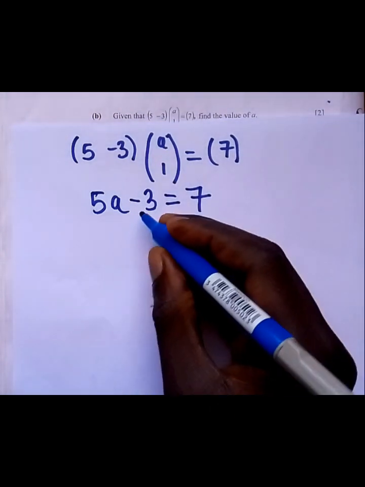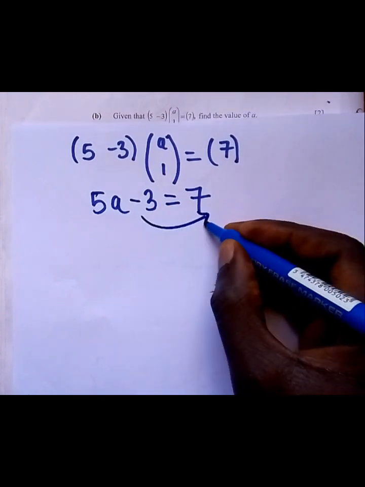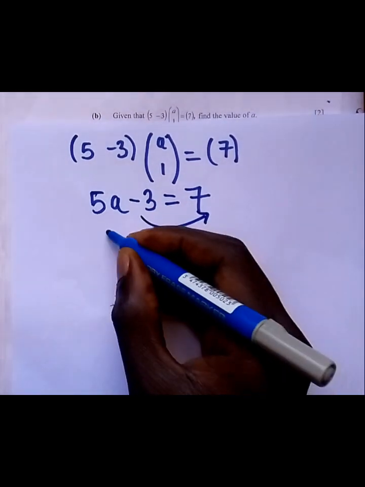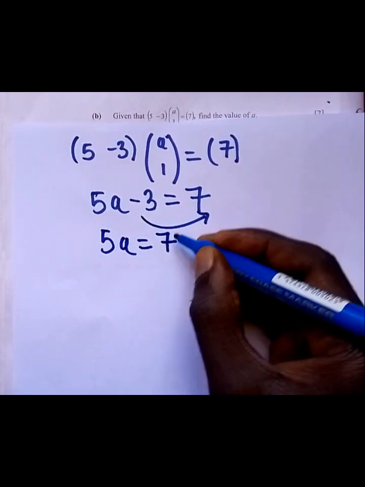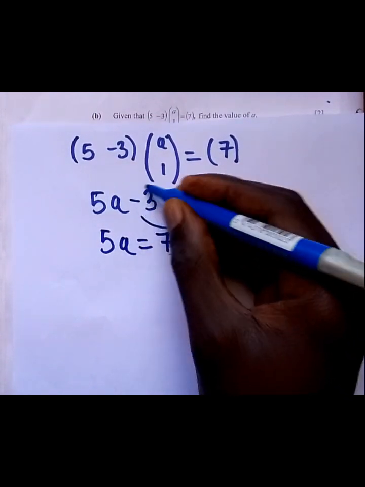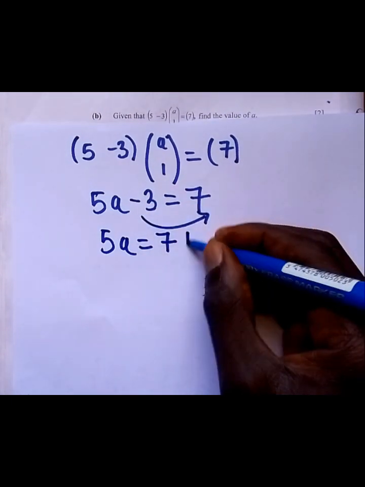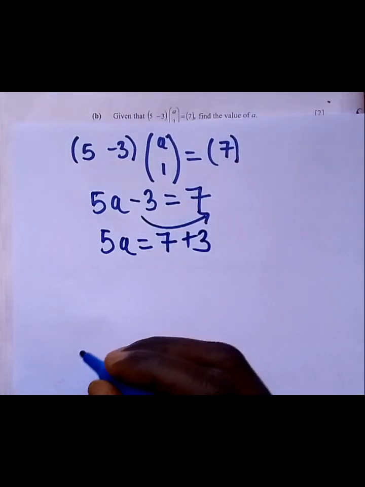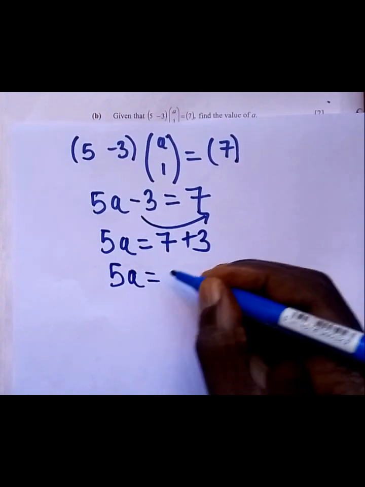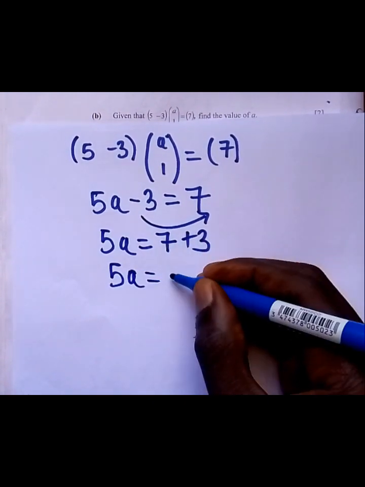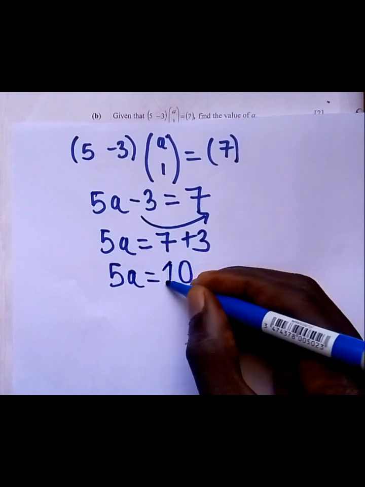So at this stage, we just move 3 to the right side, and this gives 5a equal to 7. 3 here is a negative, so when it goes this side, positive. So then we say 5a equal to 7 plus 3, that's a 10.